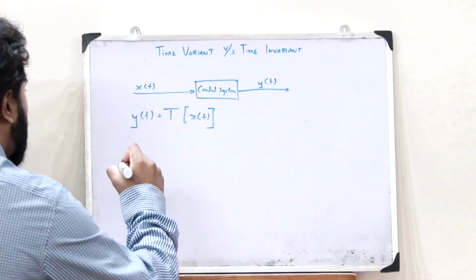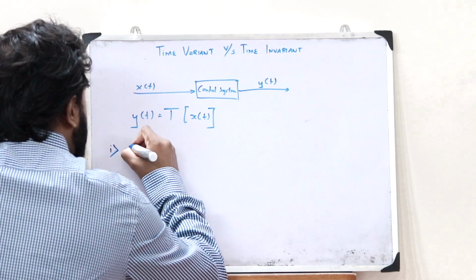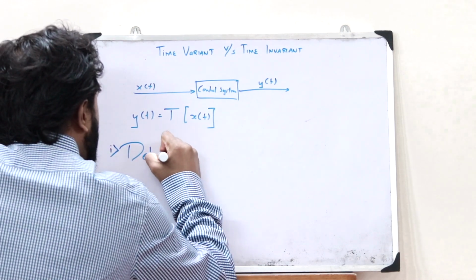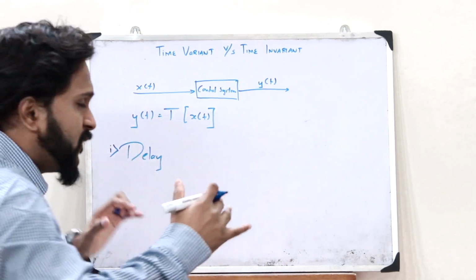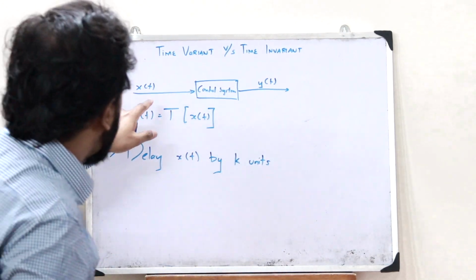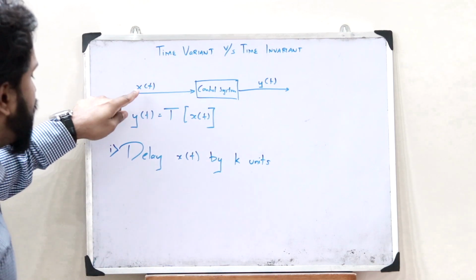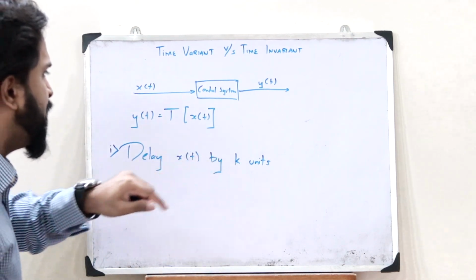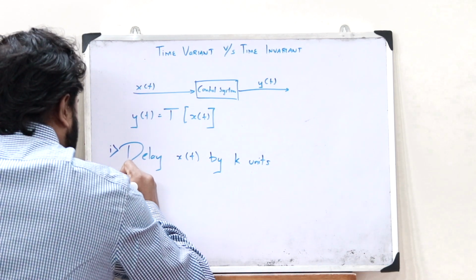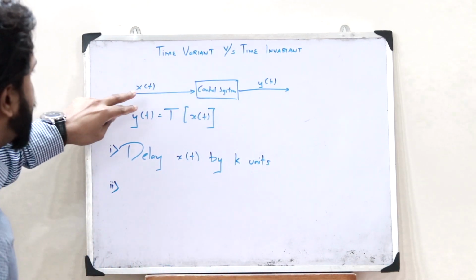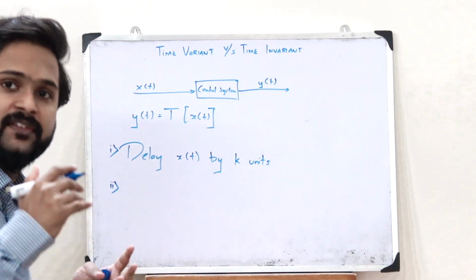The first one is that we have to delay the value of this x of t by k units. That is, wherever we have x of t, it must be delayed by k units. And next we have to replace wherever we have t with t minus k.